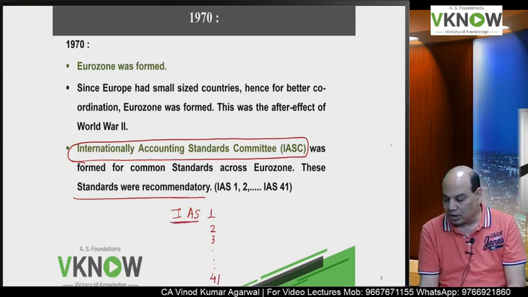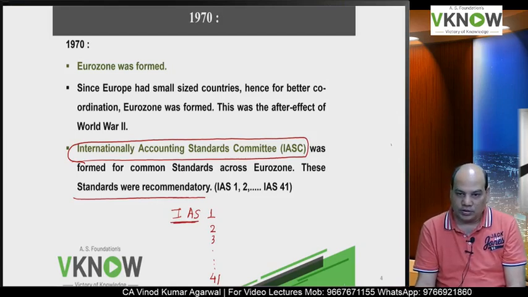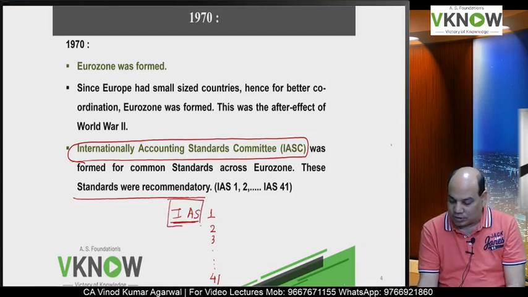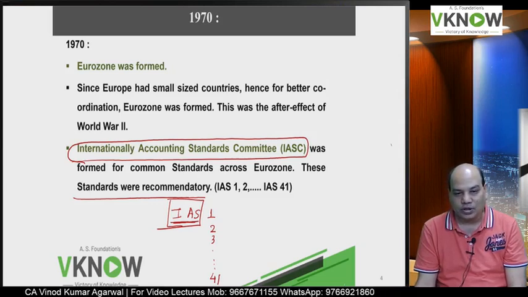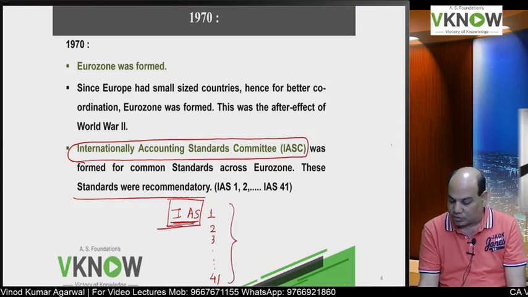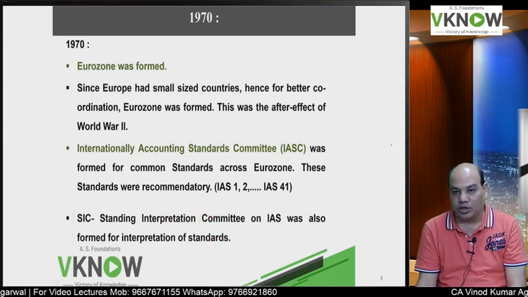So IAS stands for International Accounting Standard. Okay, in India it is also Indian Administrative Service, but it is International Accounting Standard here, and with that background they started. The numbering prefix was IAS, and there was one interpretation committee also.